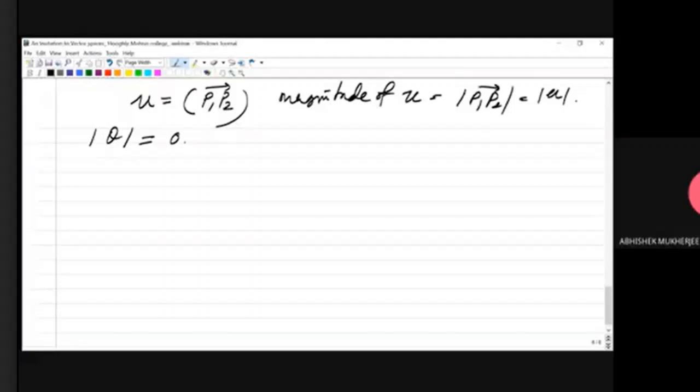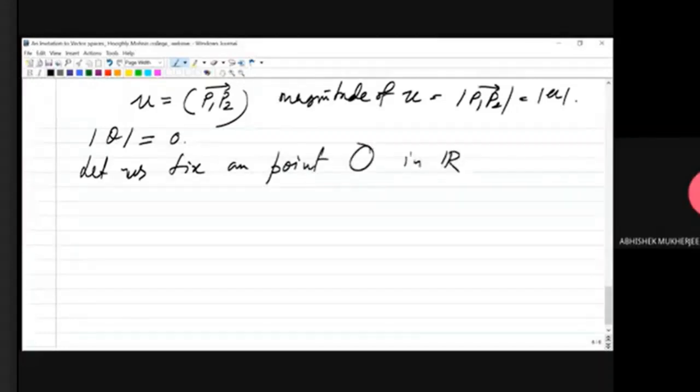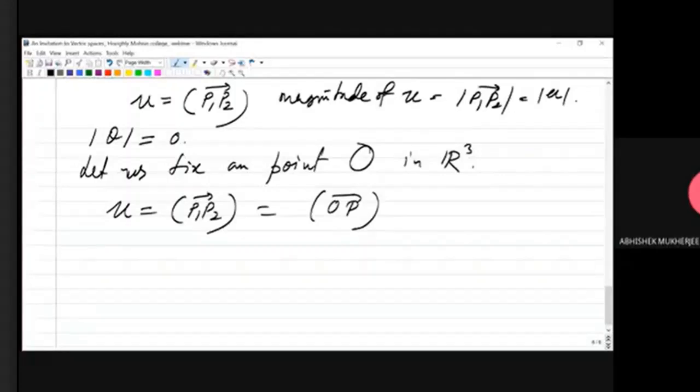Now let us fix a point O in R3 and regard this as the origin. Then you can represent any vector: given any vector u, you can localize it to a vector with respect to the origin.